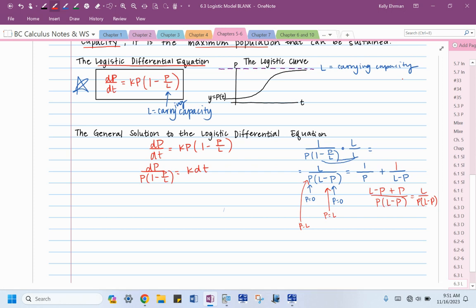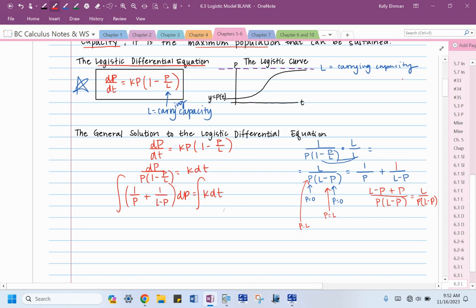Okay, so all of that was just to get me to set up something that I can integrate a little bit easier. So instead of dP over P times 1 minus P over L, we're going to make this 1 over P plus 1 over L minus P dP equals k dt. Now we can integrate.